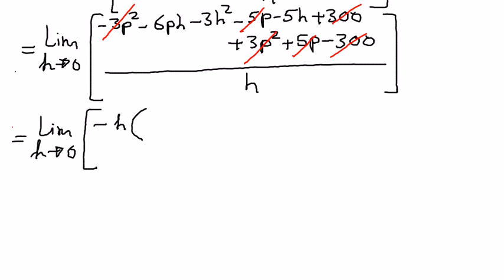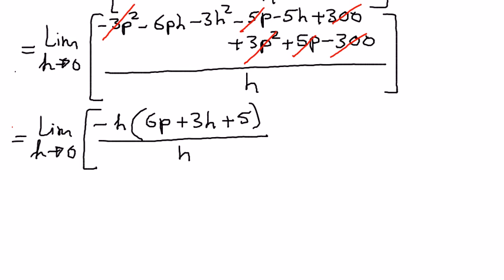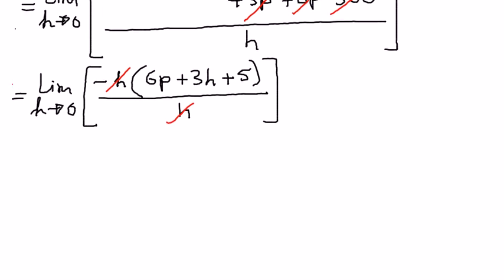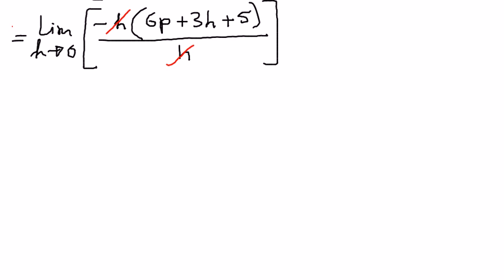If I pull it out, I'm left with 6p, and then a positive 3h, and a positive 5, the whole thing divided by h. The reason I pulled out h is because I have an h in the denominator, so I can cancel them out.